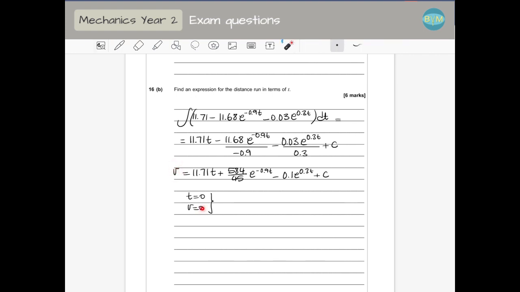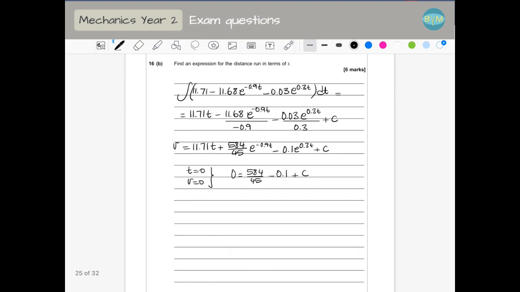So this velocity is 0 when t is 0, so I have 0 is going to be 584 divided by 45, e to the power of 0 is 1, and this one again is 1, so minus 0.1 plus c, and from here I get c. So c is going to be minus 1159 divided by 90.